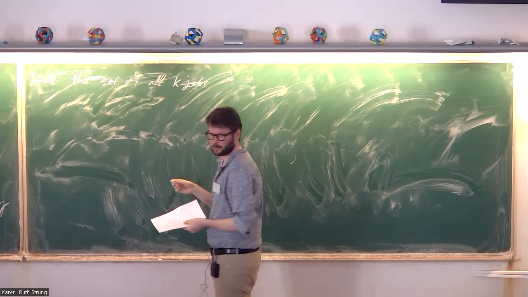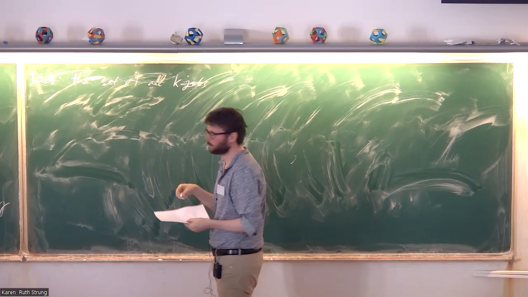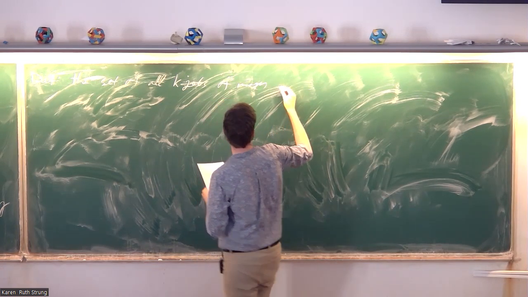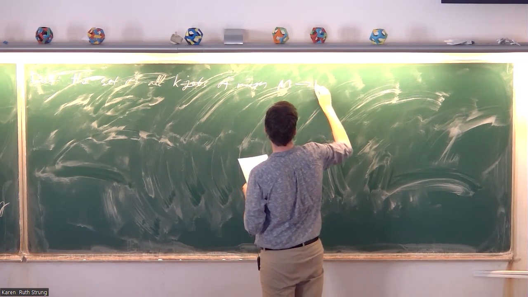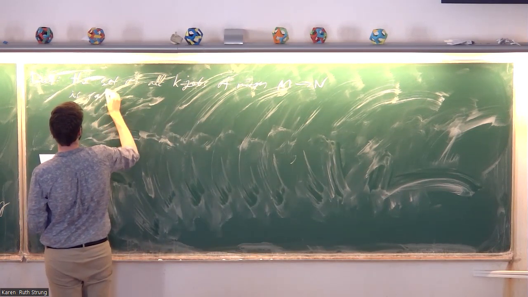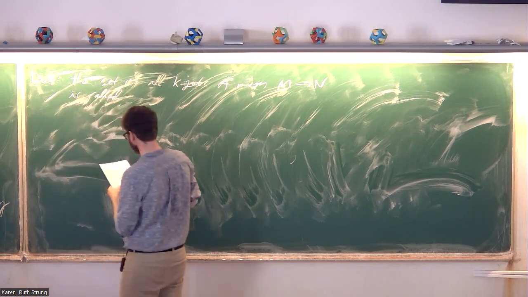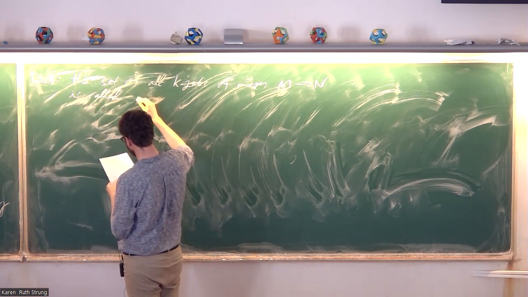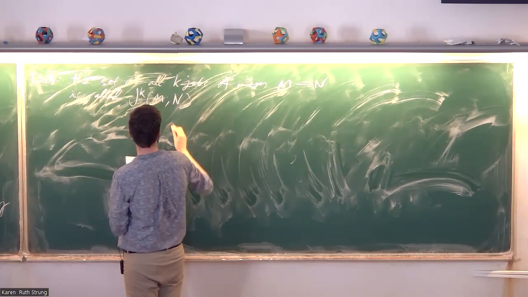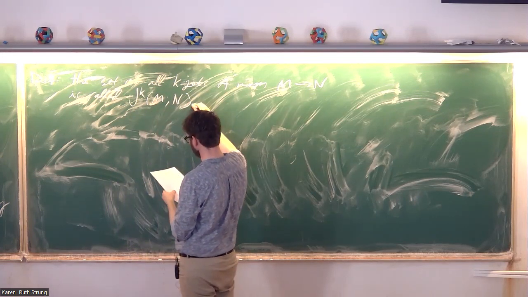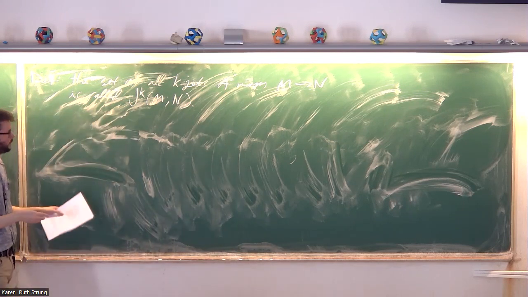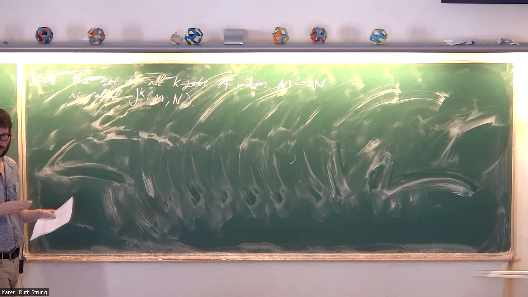Let's name the set of all k-jets of maps between 2 manifolds M and N. And then if you happen to have a particular map, you can send it to its jet representative.